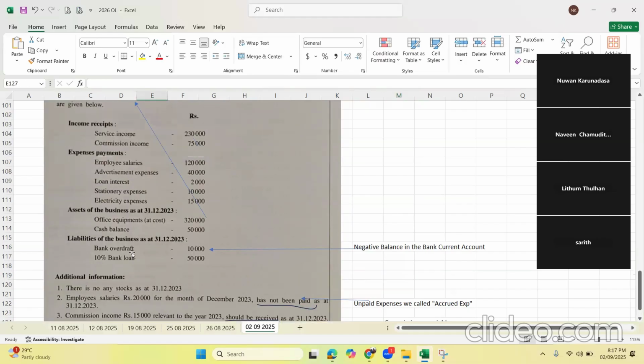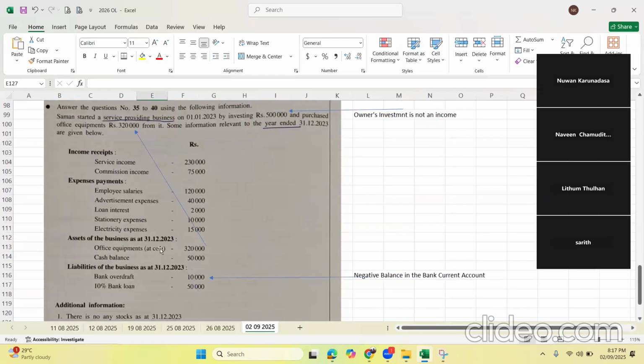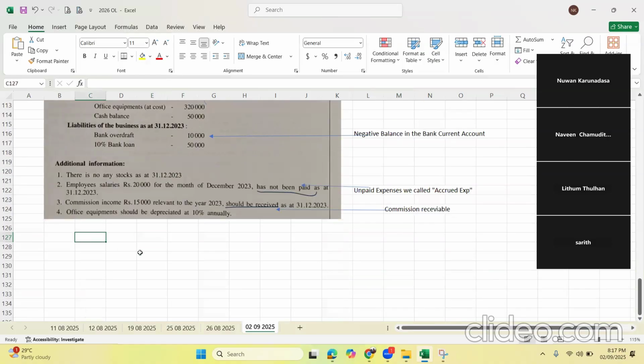So we'll calculate the office equipment depreciation. Office equipment cost is 320,000 into 10%. 10% for the year is 32,000. So depreciation is what? An expense. Depreciation is an expense for the wear and tear of the fixed assets.